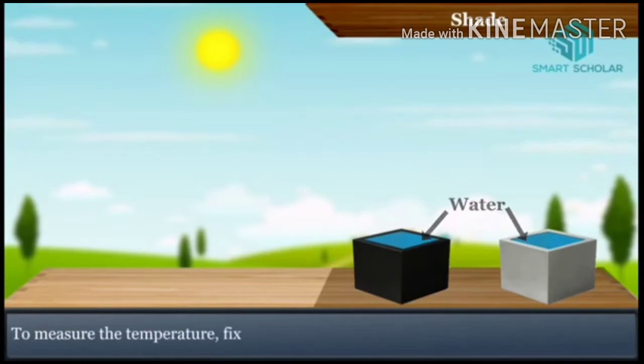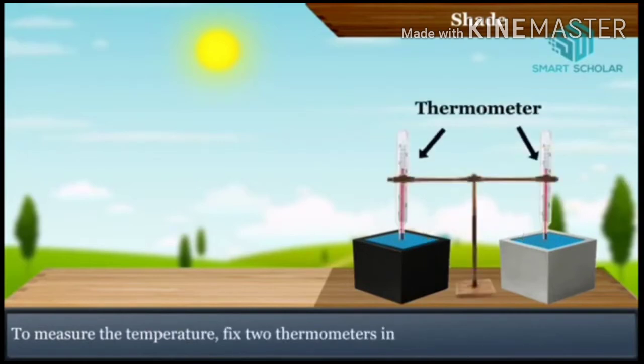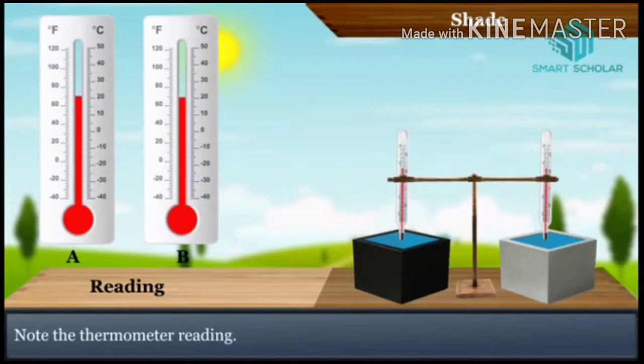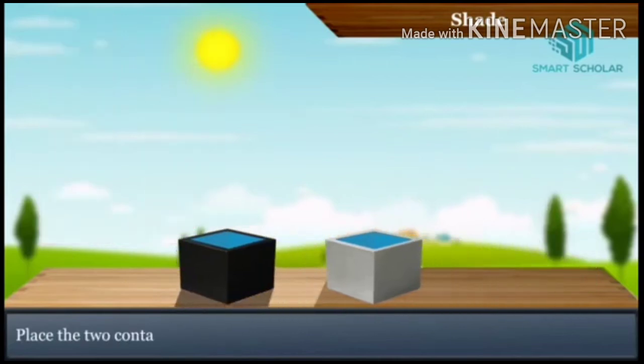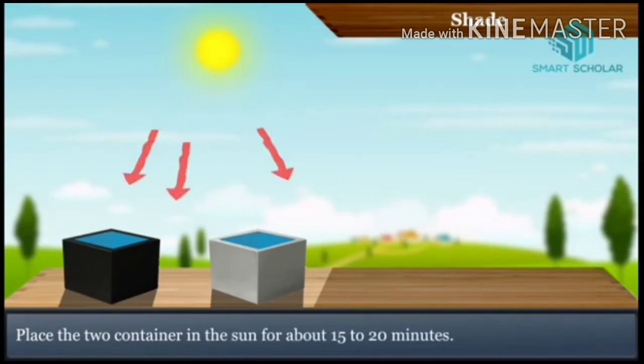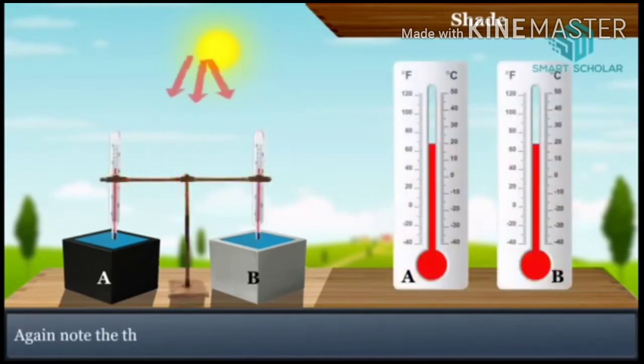To measure the temperature, fix two thermometers in the containers. Note the thermometer reading. Place the two containers in the sun for about 15 to 20 minutes. Again, note the thermometer readings.